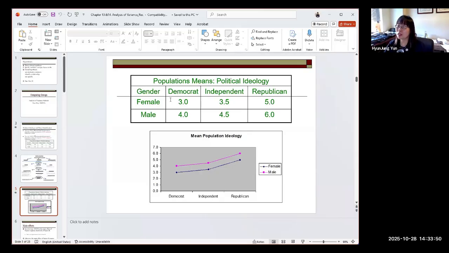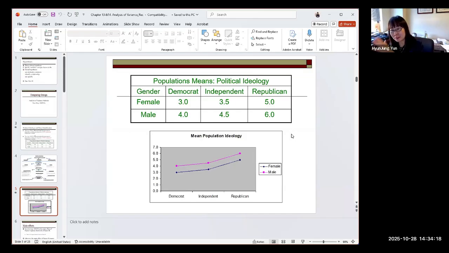So let's see the table here. We are still interested in the dynamics, differences, and changes, but in this case it's mostly the differences by group. What we did for one-way ANOVA last week was compare across Democrat, Independent, and Republican, and how their political ideology varied across those groups.